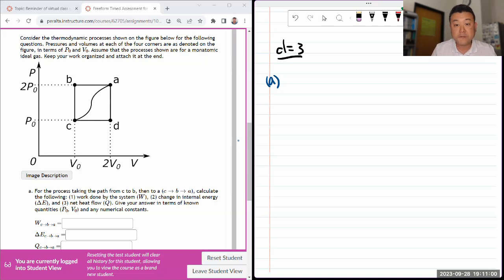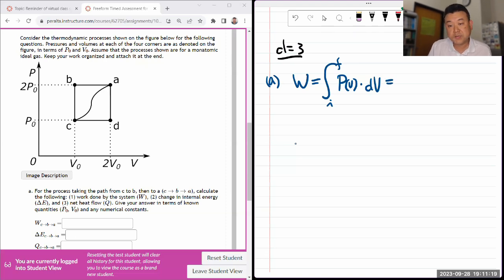You should remember the definition of work. Work is defined as pressure as a function of volume, integrated with respect to volume, from some initial to final state. In the simplest scenario, where you have a constant pressure process, you might express this as pressure times the change in volume.